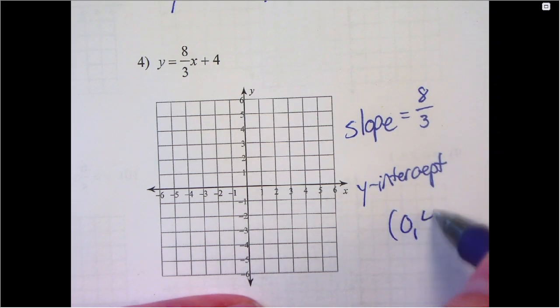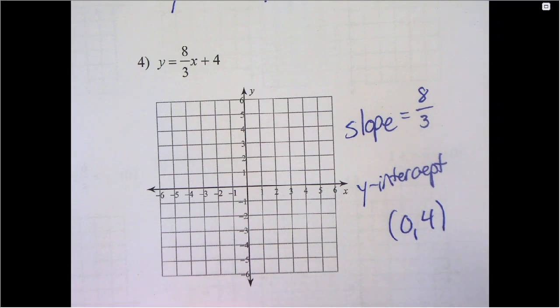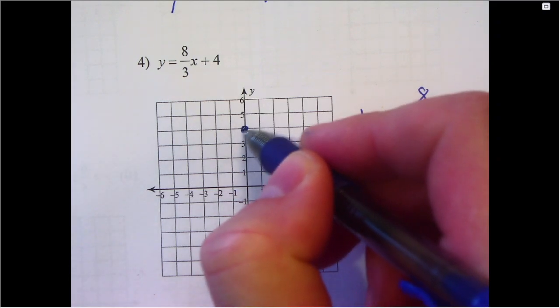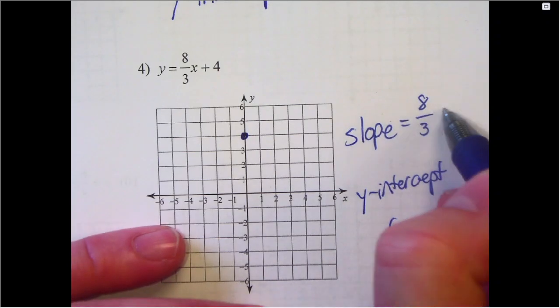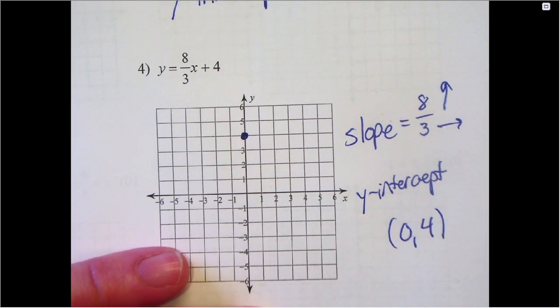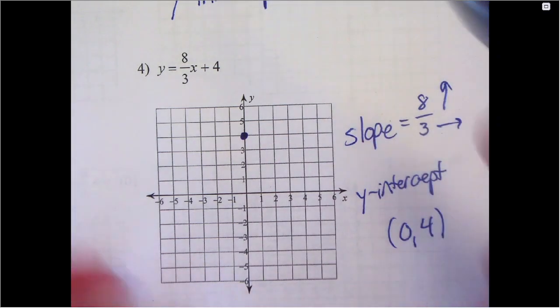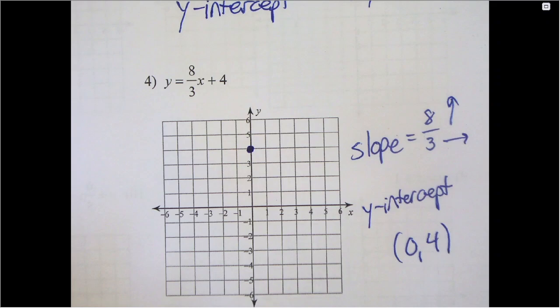So I start at 4. What's the problem? I'm running out of graph, right? I'm supposed to go up 8 over 3, which would be up here somewhere, so you can't really do it. So just write those down, and you can't really graph it.